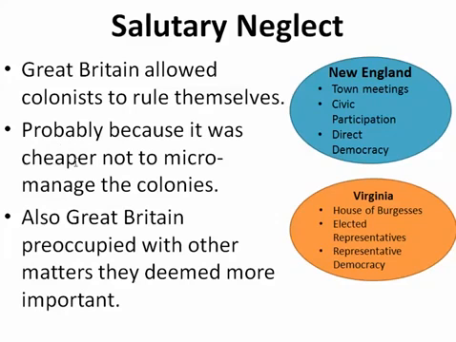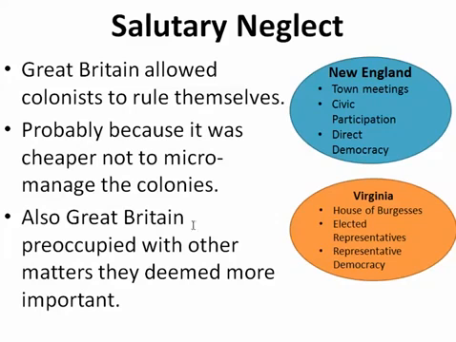Probably because it's cheaper not to micromanage colonies. Paying the tax collectors, paying people, was one of the things the colonies paid for, the tax collectors who were here from Great Britain. After the French and Indian War, that's going to change. But if we look here, America was in the habit of ruling itself.